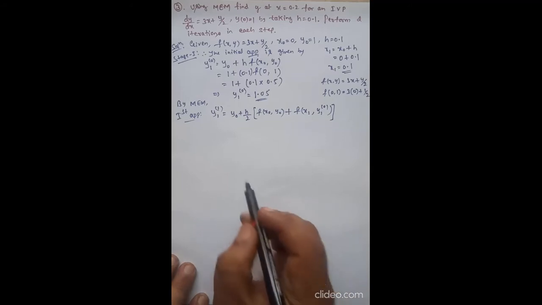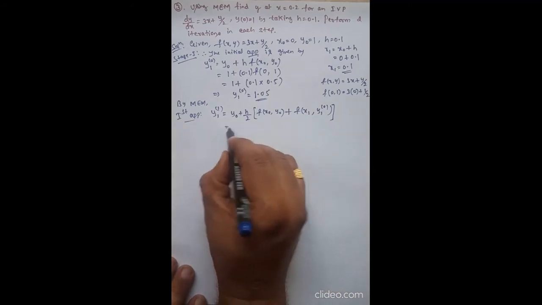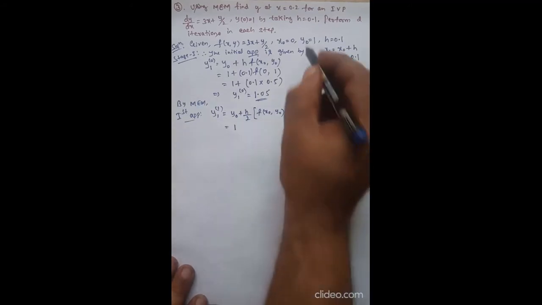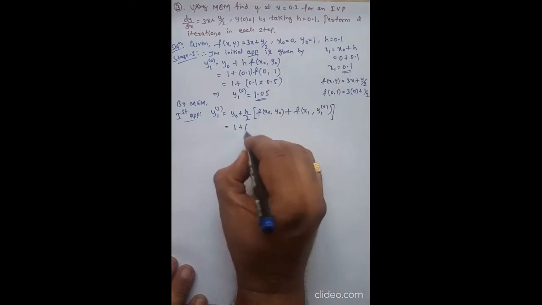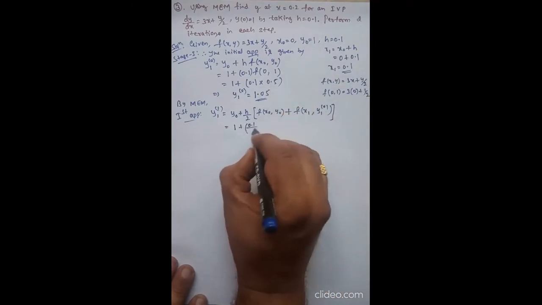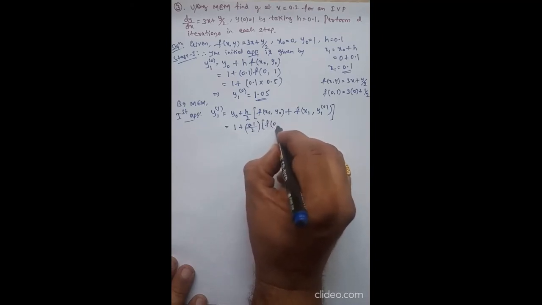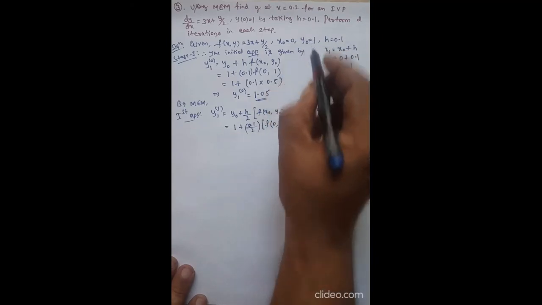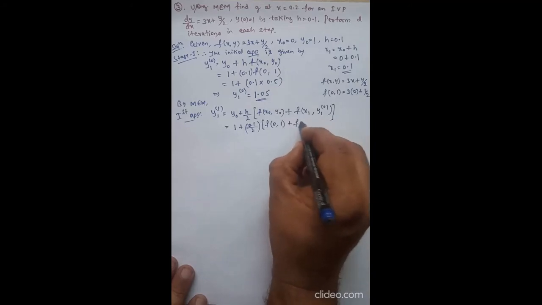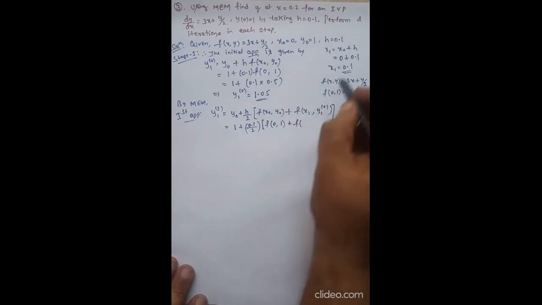Right. Now this is equal to, what is y naught? 1 plus h is 0.1 by 2 into f of x naught is 0 and y naught is 1. See here. Plus f of x1. What is x1?